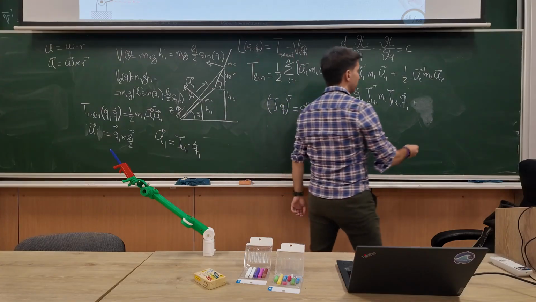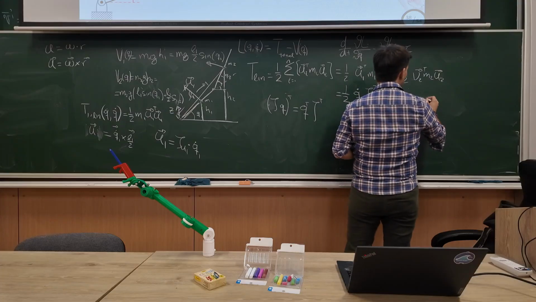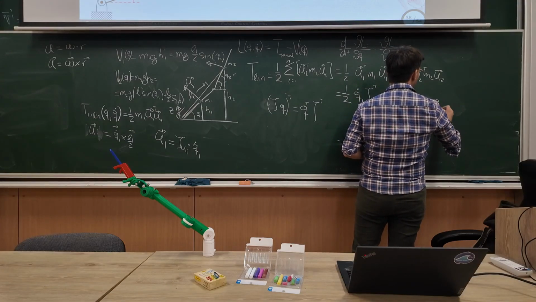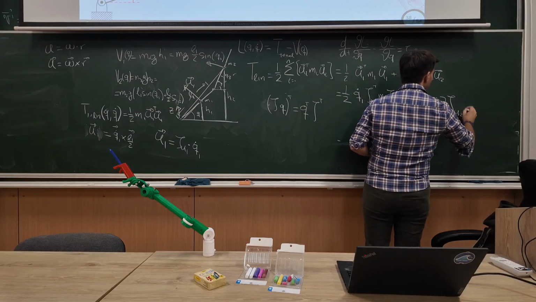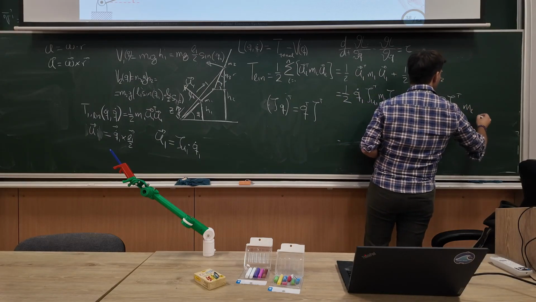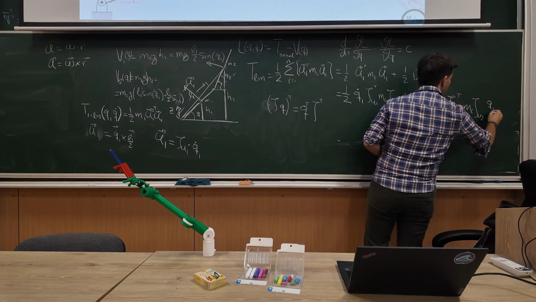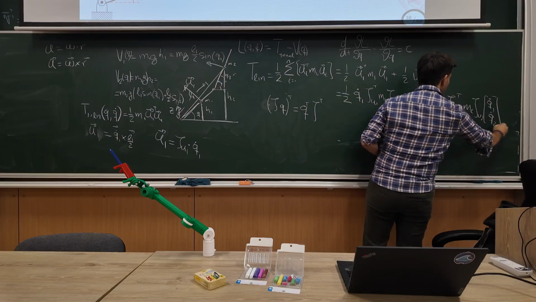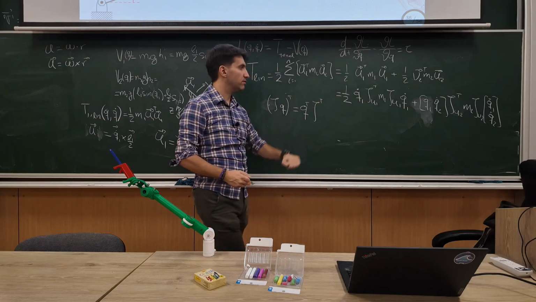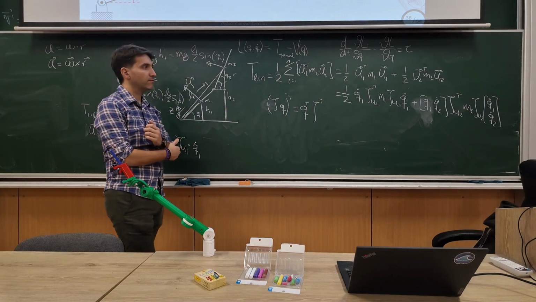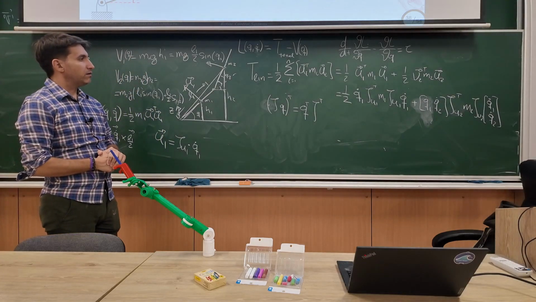So here my Q is a vector, so I will have Q1, Q2 dot, Jacobian of U2, M2, Jacobian of U2, Q1, Q2 dots. Here it's transposed, here it's not. All right? Good.